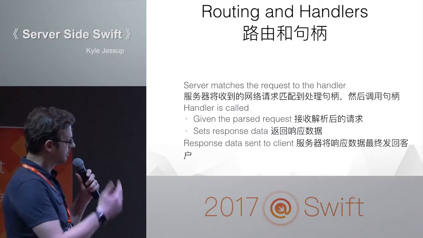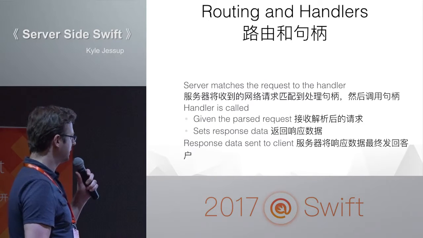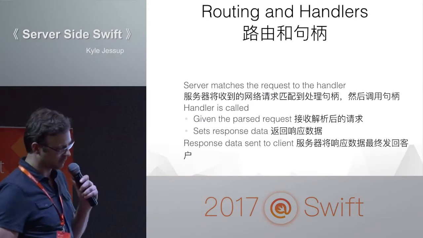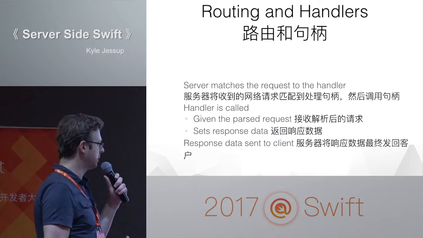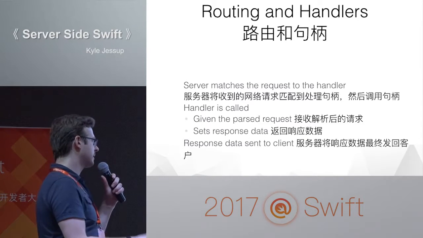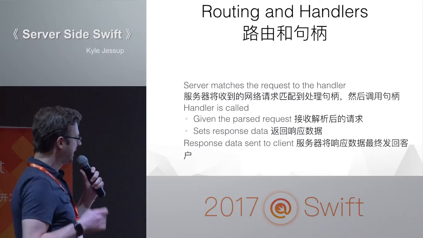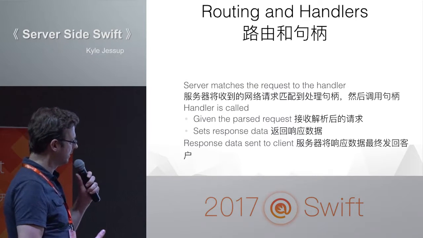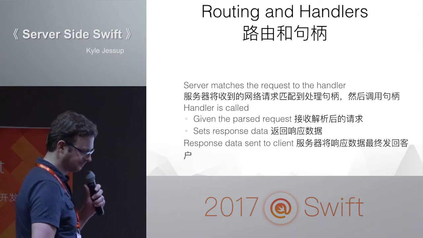When the server finds a match, the HTTP method matches, the URI matches, it's going to call your code. When it calls your code, it gives you the parsed HTTP request. You crunch on that, send out some stuff, and then the server takes it, builds it into an actual HTTP response, and sends it to the client.